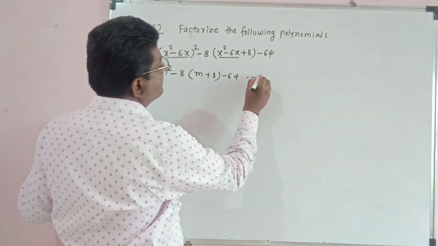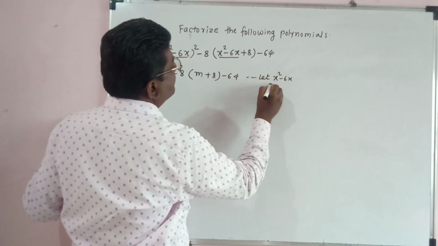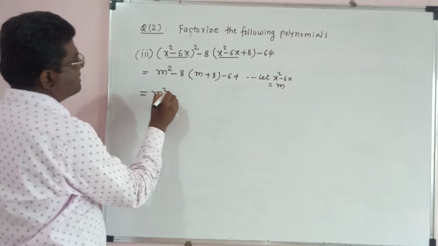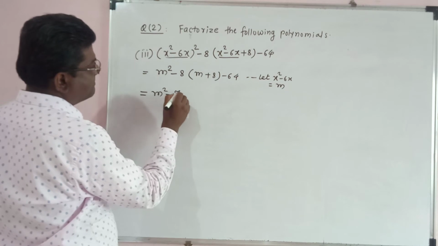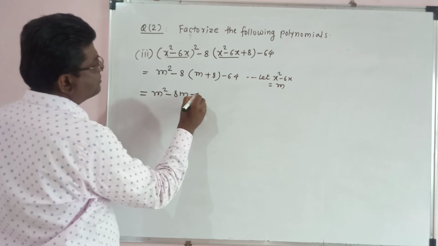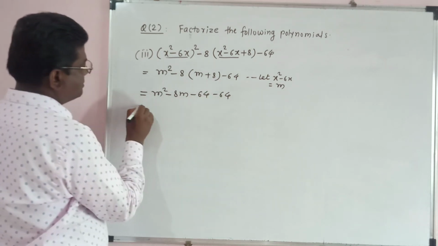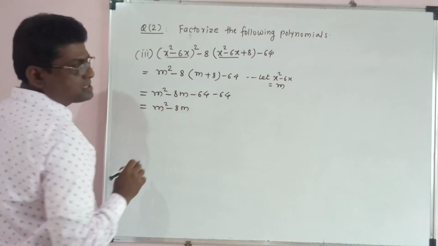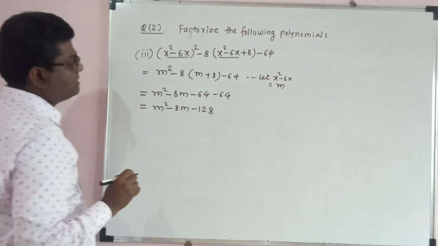So here we write let x square minus 6x is equal to m. So is equal to m square minus 8m, minus 8 into plus 8, that will be minus 64, this minus 64. So is equal to m square minus 8m minus 64 and minus 64, that will be minus 128.